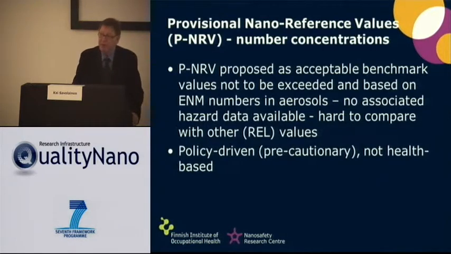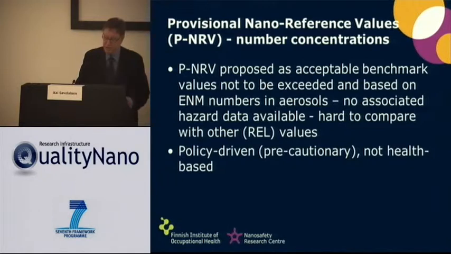I introduced briefly two approaches which are being utilized or proposed for management of risks of engineered nanomaterials. The first one is Provisional Nano-Reference Values, proposed as acceptable benchmark values not to be exceeded and based on engineered nanomaterial number concentrations in aerosols.